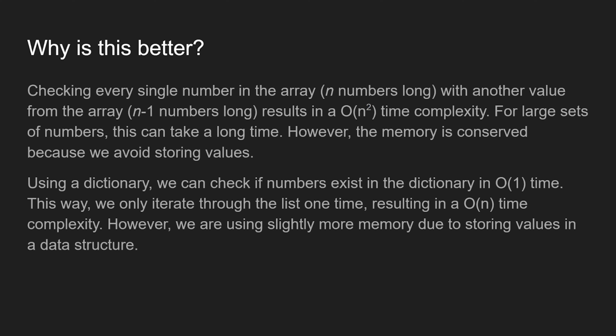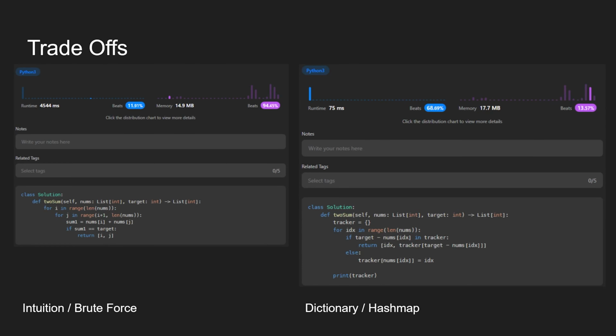However, there's always a trade-off in this sort of thing. We are using more memory because we're storing values into a data structure, into variables, when originally we don't store anything at all, and there's almost no memory use. You can see here, the left one is the intuition approach, and the right one is the dictionary approach. This is the code in Python.